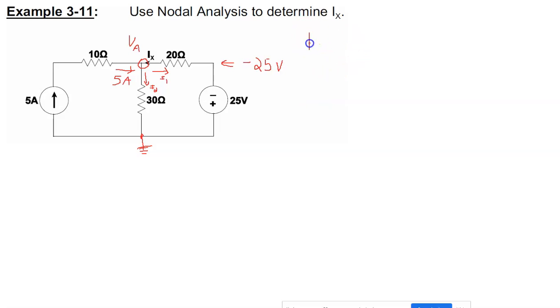And so we write KCL now at node A. The sum of the currents that enter is 5 amps, which equals the sum of the currents that leave, I1 plus I2. We want to write I1 and I2 in terms of Ohm's law, which means the voltage drop across the 20 ohms divided by 20 ohms.